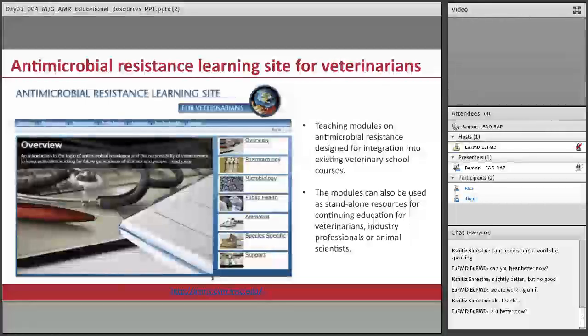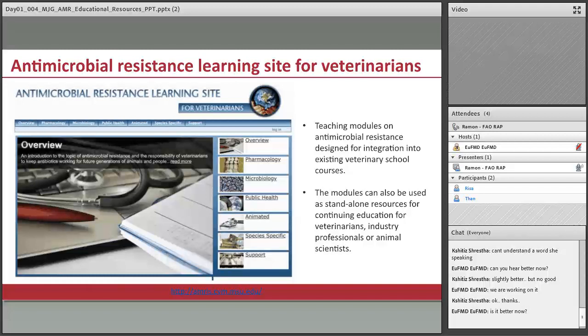So, this is actually a project I was involved in when I was working at Michigan. This is a project of the Centers for Disease Control that we worked on. We designed this and named it the Antimicrobial Learning Site for Veterinarians. You will find the links to this site at the bottom.